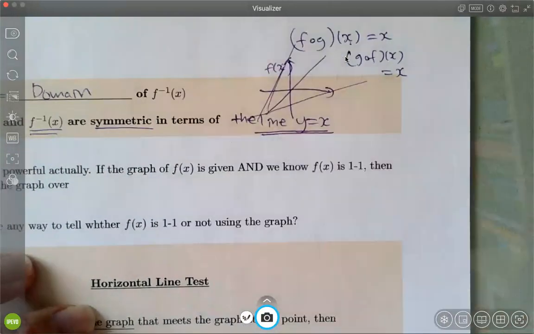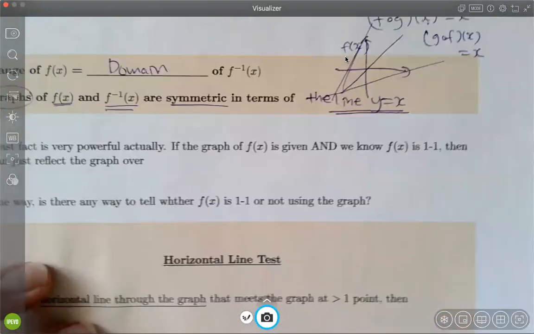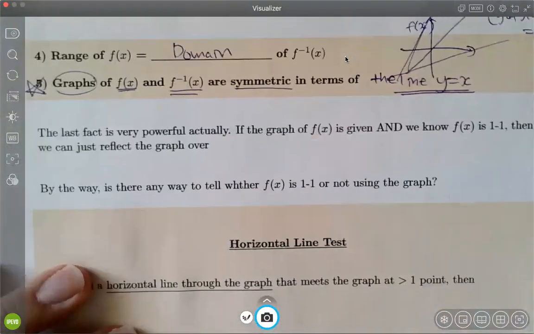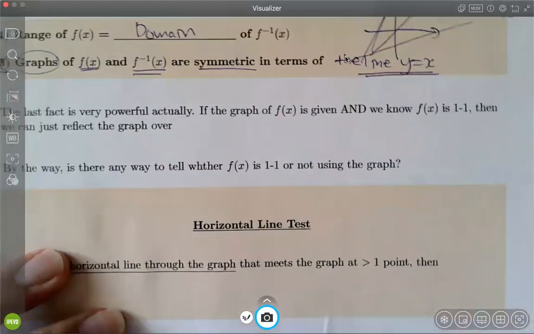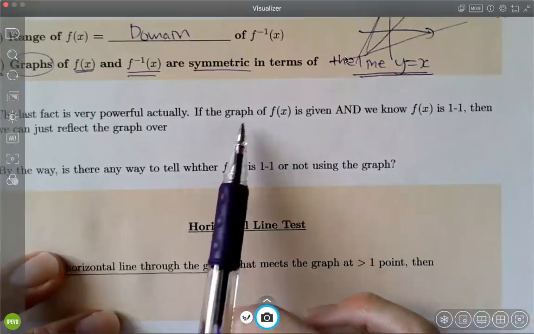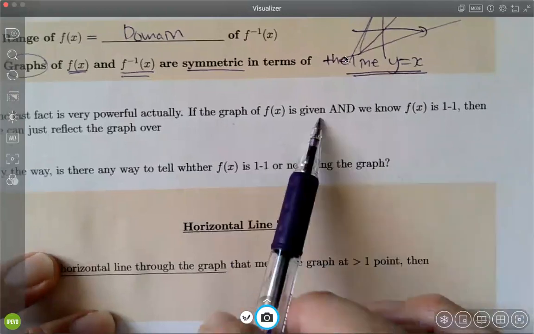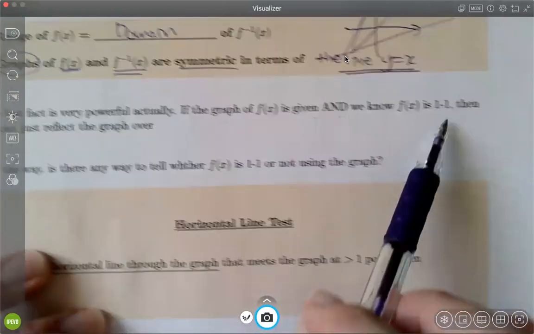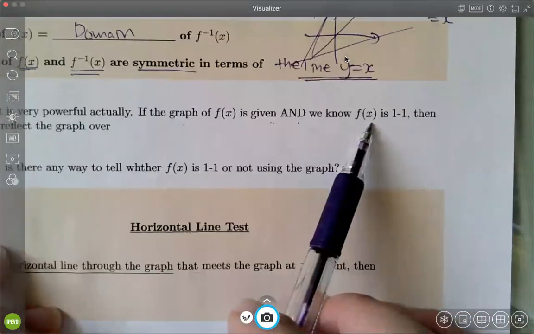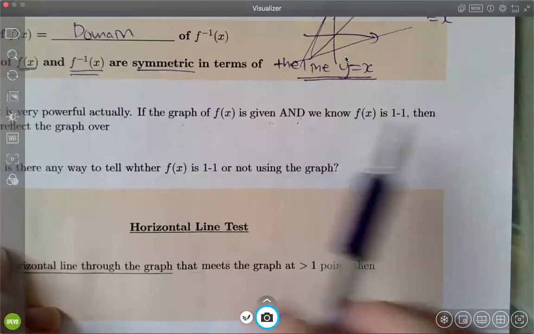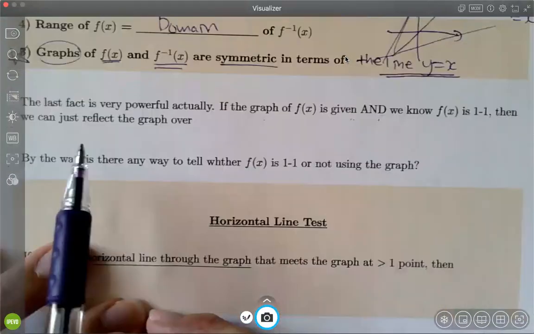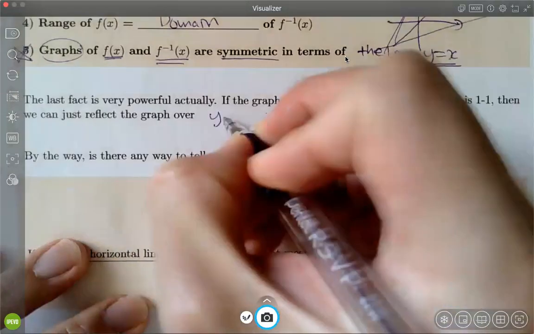So that is the powerful thing about this last fact. Again, just to fill in the blank, if the graph of f of x is given, and we know f of x is one-to-one, then what does that mean? f inverse exists. So we can just flip the graph over y equals x.